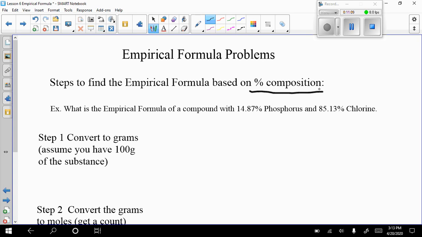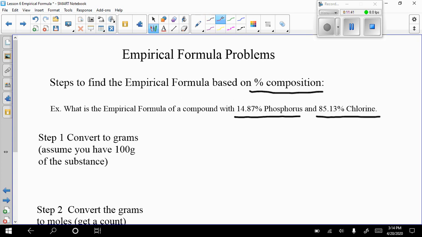The goal is to develop the empirical formula based on the percent composition. The example we're going to walk through is you've just been told that a certain compound has 14.87% phosphorus and 85.13% chlorine, and you want to know what the empirical formula is.